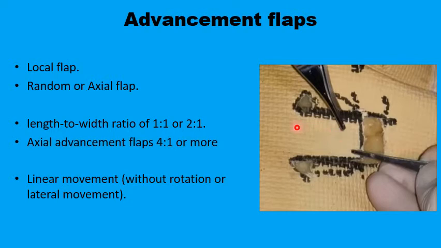If it is random, its vascularity depends on perforators coming from the musculocutaneous arteries. The blood supply is significantly reduced by mobilizing this piece of tissue. And for that reason, the ratio between the base of the flap, through which the blood supply is now only coming, and the length of the flap should be considered carefully.